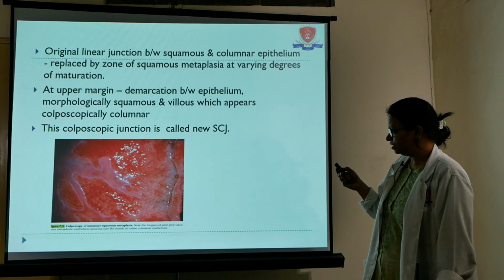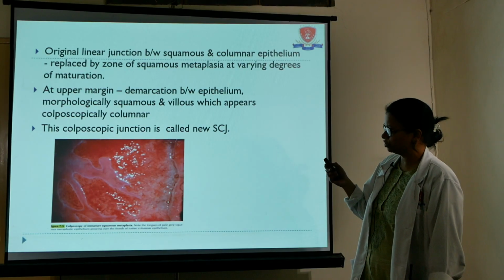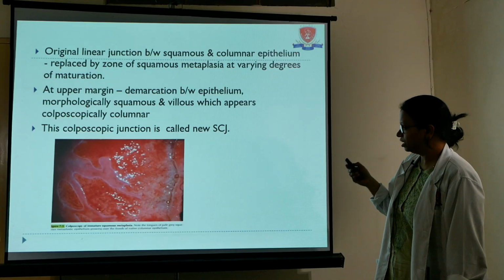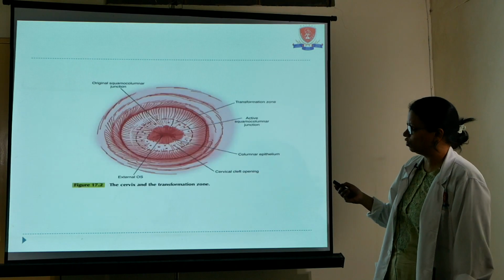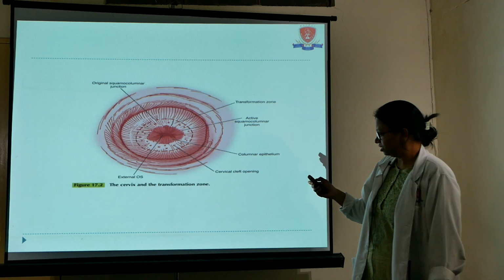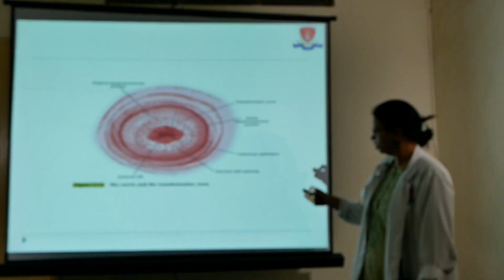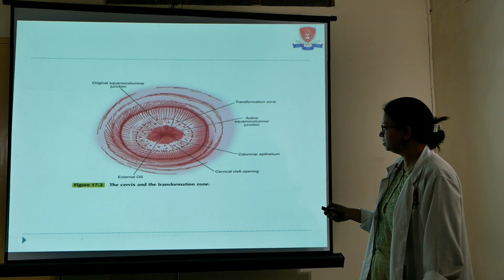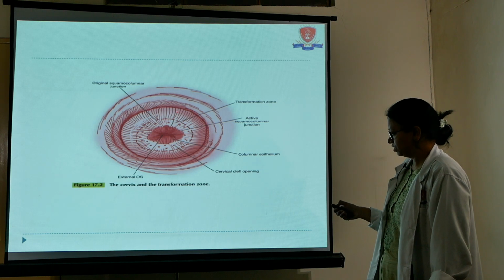So this forms a new squamo-columnar junction which is more towards the internal os, and the whole area between the old squamo-columnar junction and the new squamo-columnar junction is known as the transformation zone.